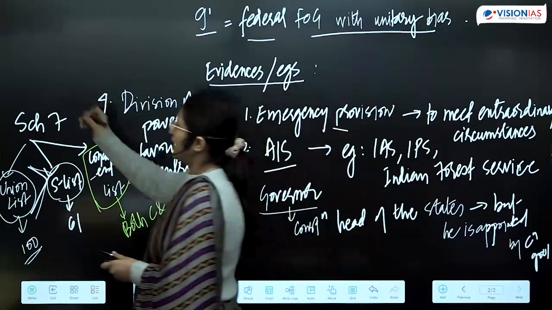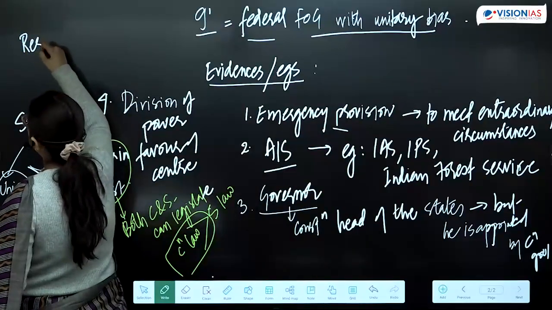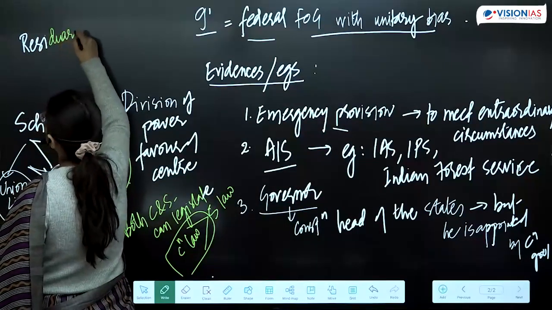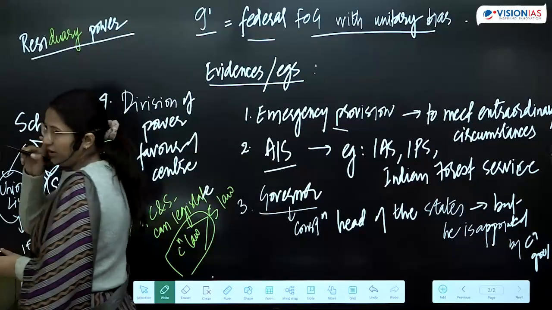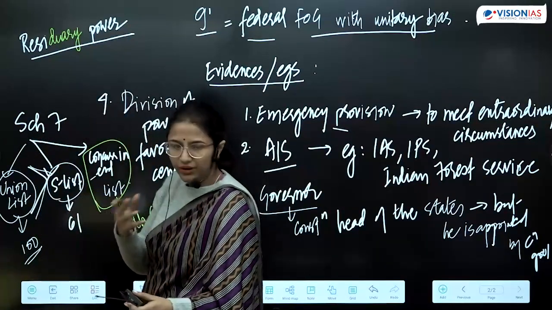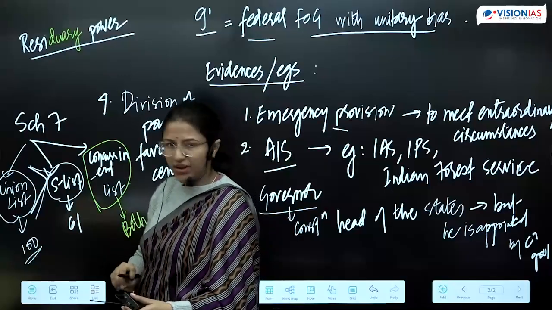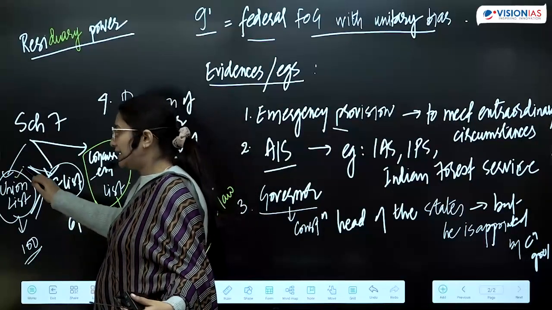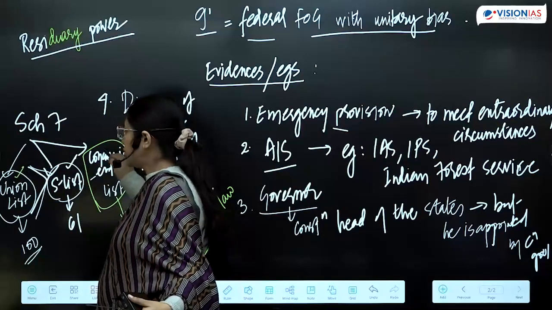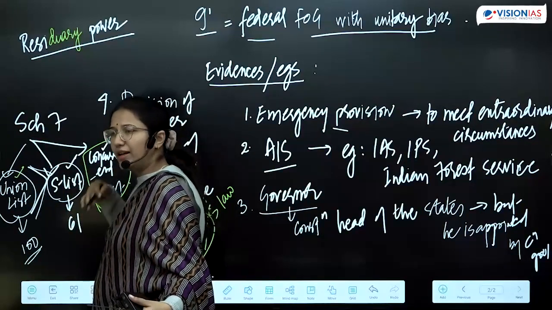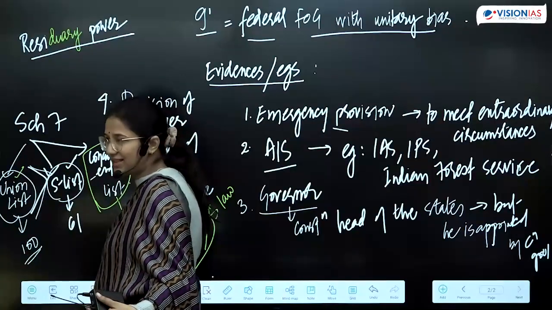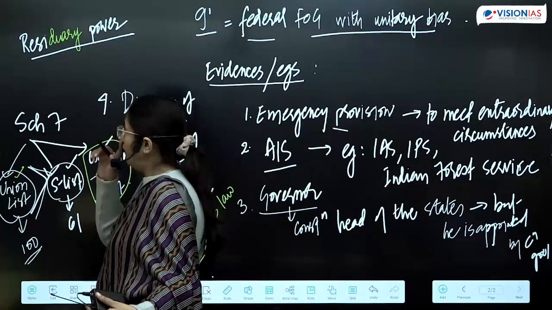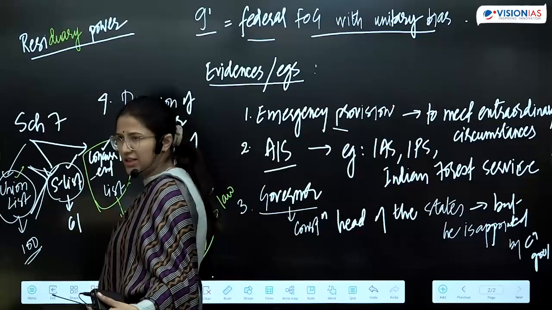And there is this idea known as the residuary power. Residuary power refers to the power to legislate on the subjects which are not mentioned under either the union, state or concurrent list. So any subject which has not yet been listed as part of these lists under Schedule 7, who will have the power to legislate on it?